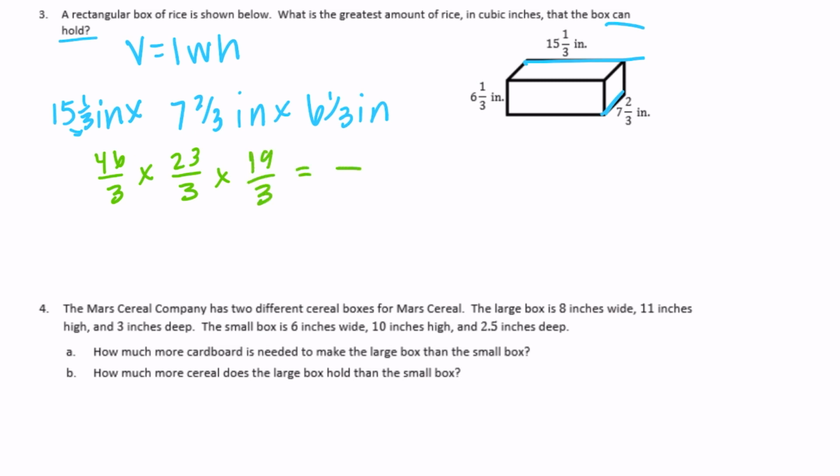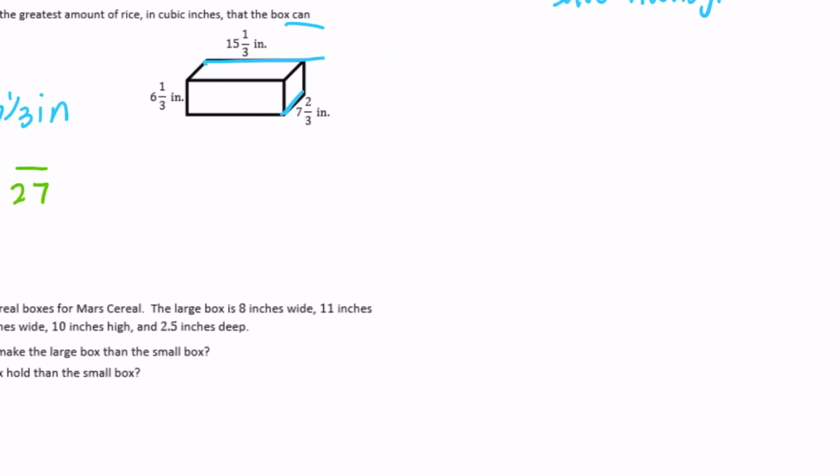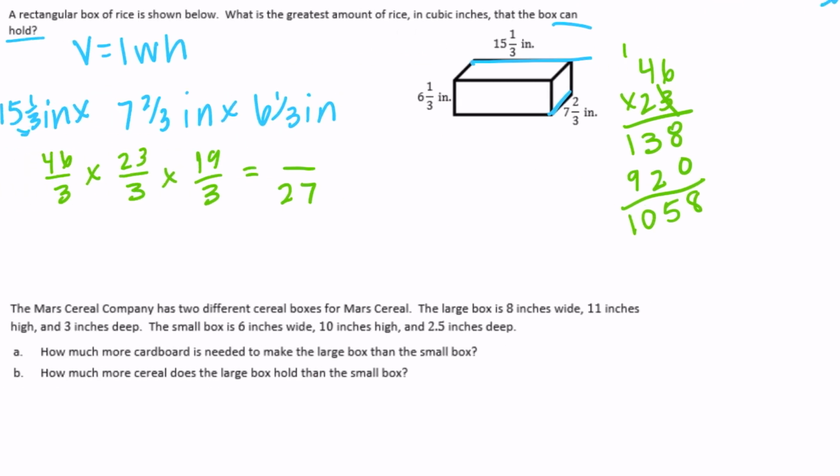So 3 times 3 times 3 is 27. So 46 times 23 is 1058, times 19.